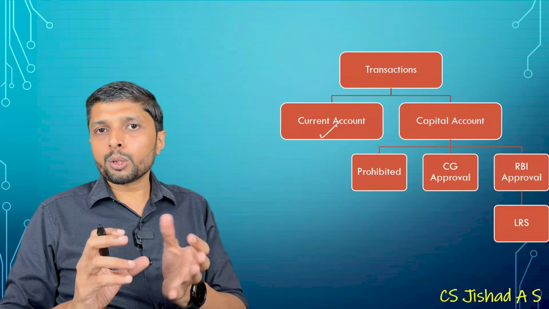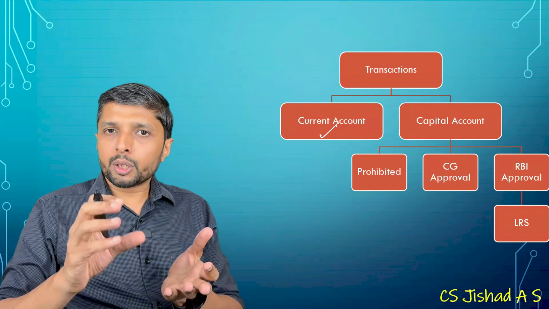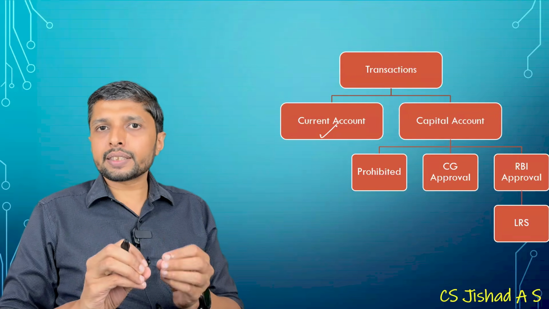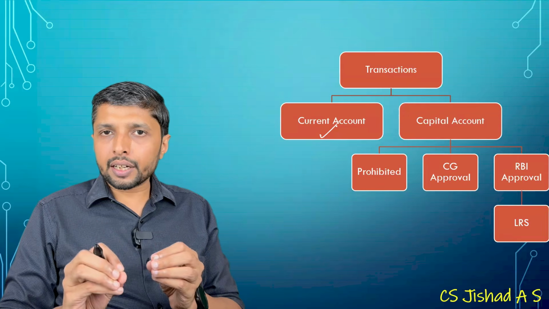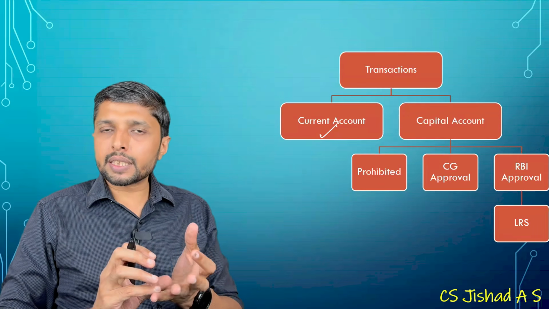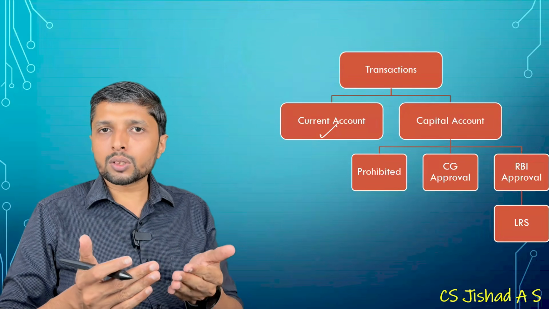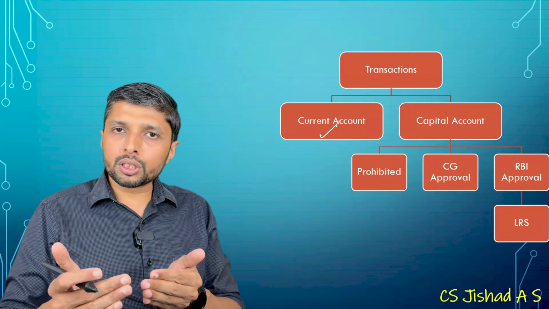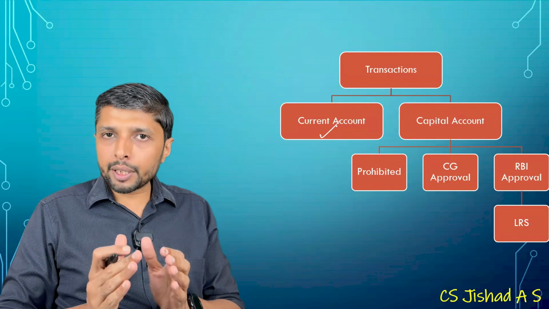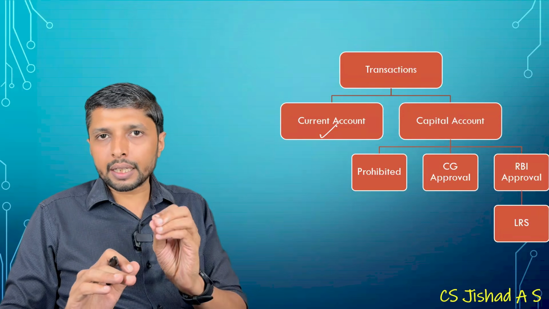Then payment of vessel charges, container detention charges exceeding the rate prescribed by the Director General of Shipping, foreign print media expenses in excess of 10,000 USD, and more than 100,000 USD with respect to sponsorship of sports, etc. These all require central government approval. Other than these two, you will require RBI approval.